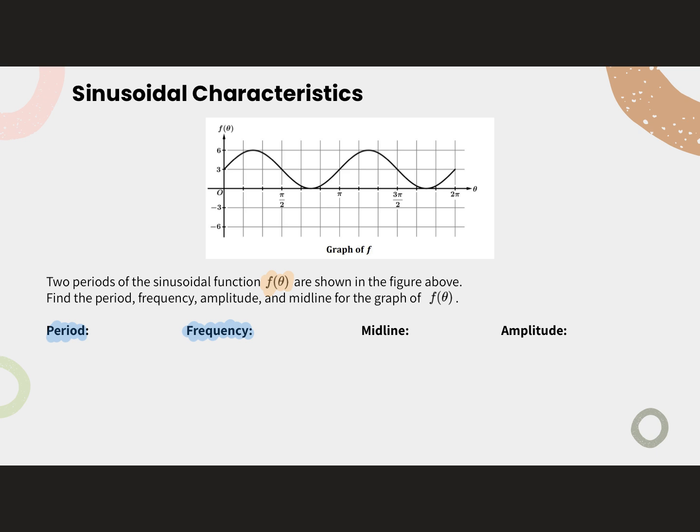I notice that this graph starts at the midline, goes up, down to the minimum, and back up. Before I continue into the next cycle, I'm going to stop and notice that the period length here is pi radians. The frequency would be the reciprocal of that, 1 over pi.